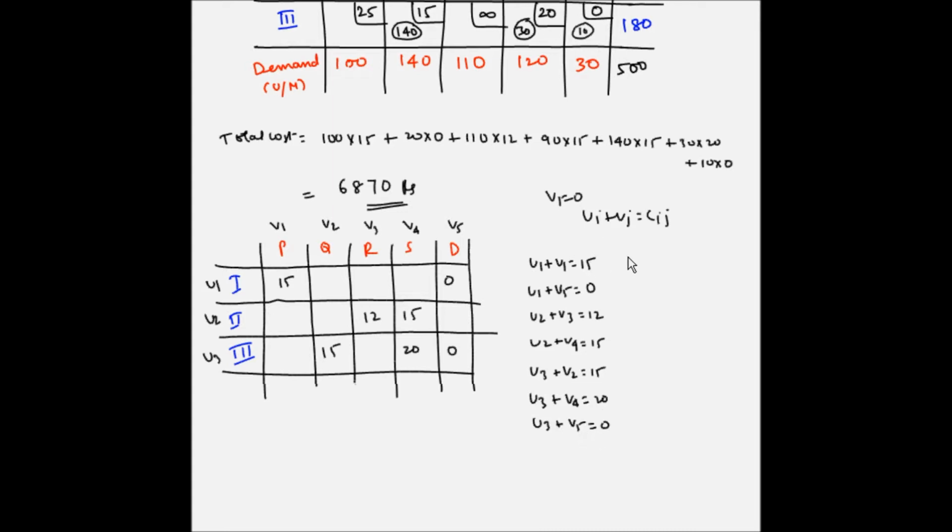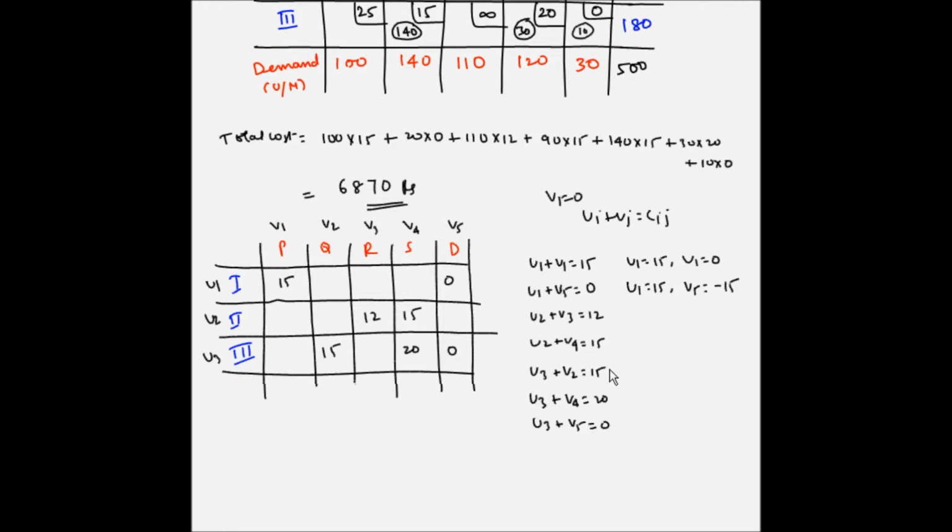Now since V1 is 0, U1 equals 15. Now U1 is 15, so V5 becomes 0 minus 15, which is minus 15. Now we can't solve the third equation because we don't have any of the variables.